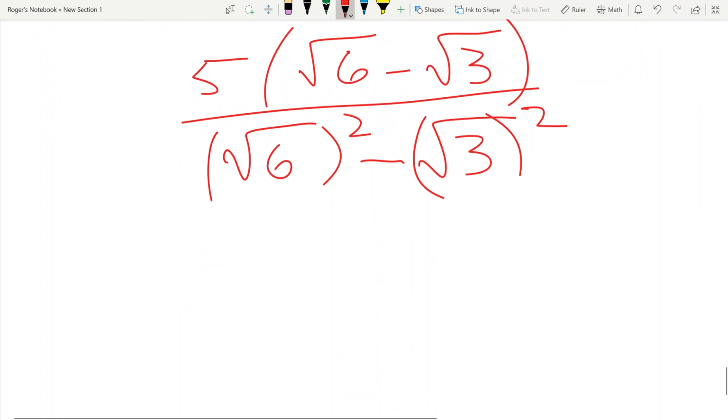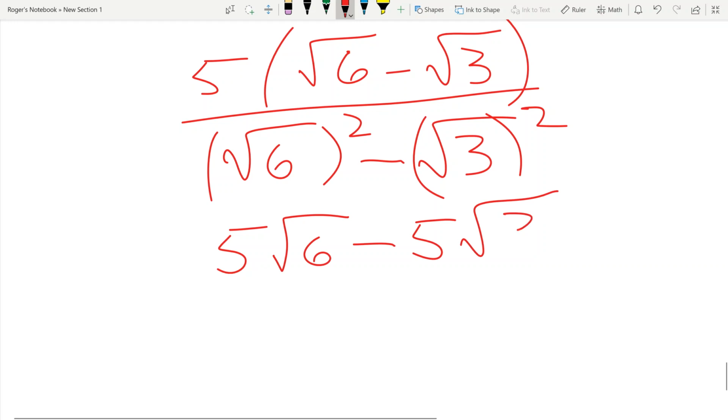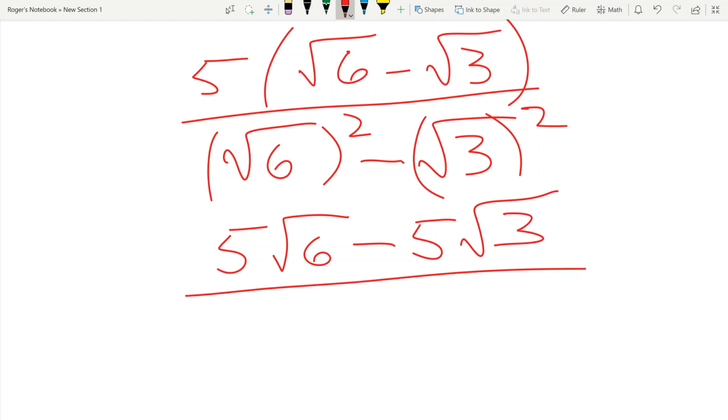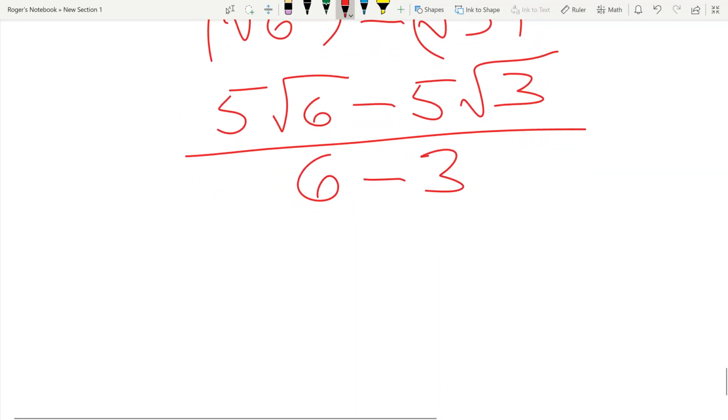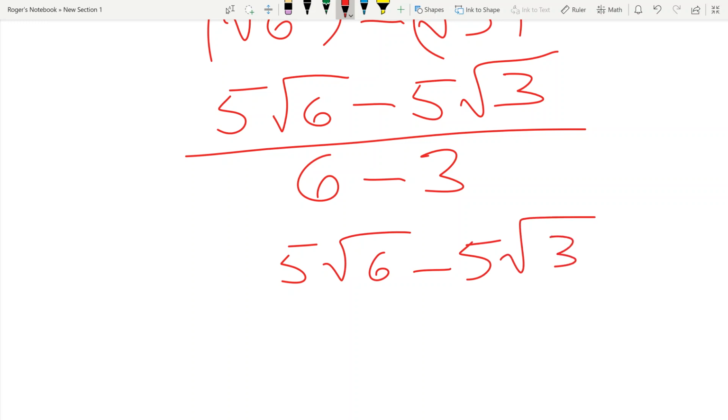So our numerator will just be as it is. Well, we can use distributive property. 5 times the square root of 6 minus 5 times the square root of 3, all divided by square root of 6 squared is 6, square root of 3 squared is 3, and no more radicals in the denominator, so our final form then will be 5 square roots of 6 minus 5 square roots of 3, all divided by 6 minus 3, which is 3.